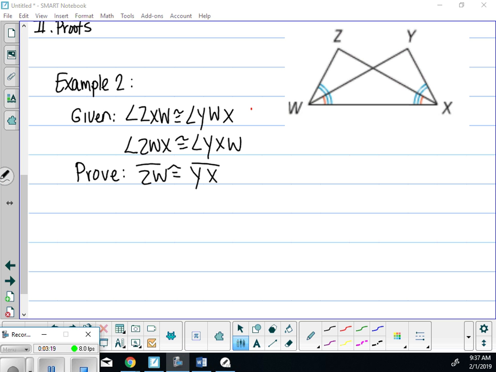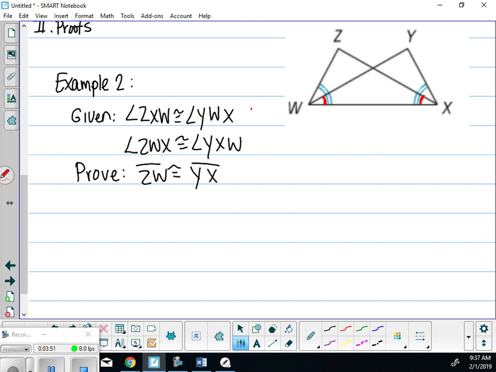Okay. So in this example, we're given this figure here that we have multiple triangles drawn in there, right? We're given that angle ZXW is congruent to angle YWX. So that's this guy right here and this guy right here.